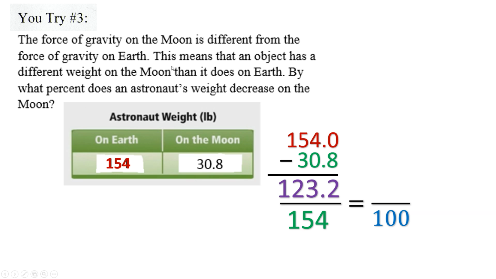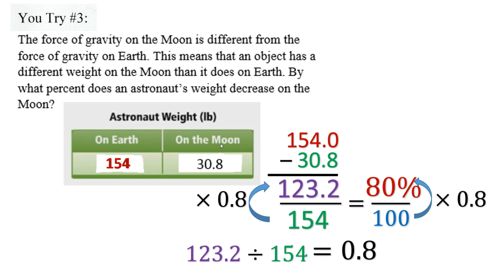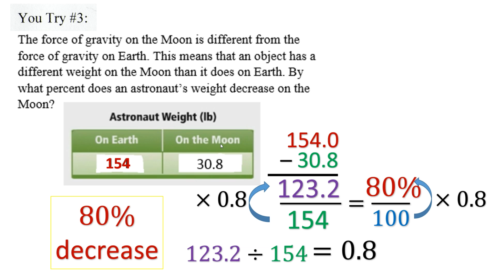In this case, it says by what percent does it decrease on the moon? So from Earth to the moon. So Earth is original. You divide, you get 0.8, which as a percent is going to be 80%. And that is a decrease. So from Earth to the moon, there's an 80% decrease in an astronaut's weight.